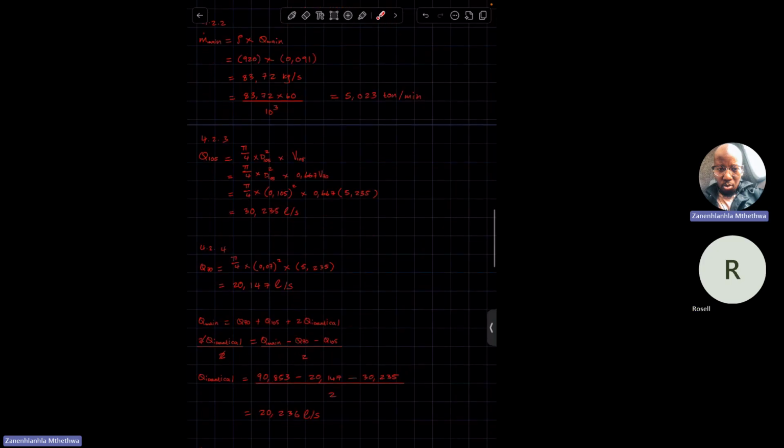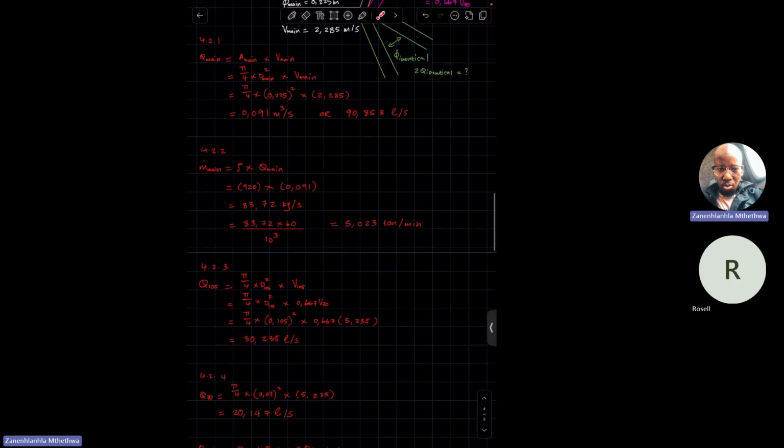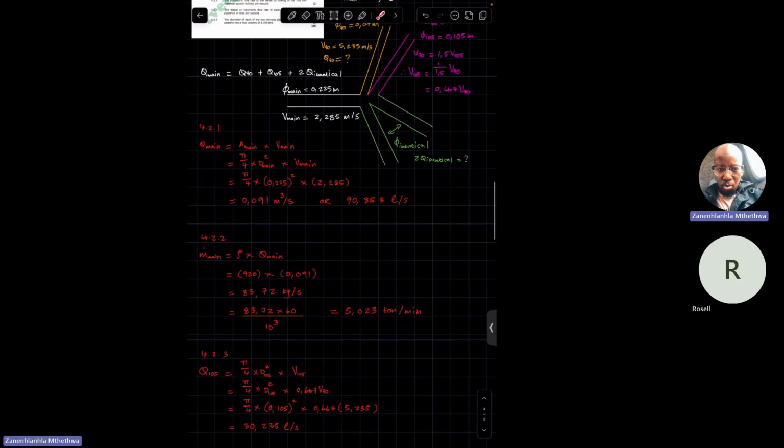So that is how you do that. As you see here, it's just a matter of knowing how to play around with the flow rate in terms of if the pipes are connected in series or in parallel.